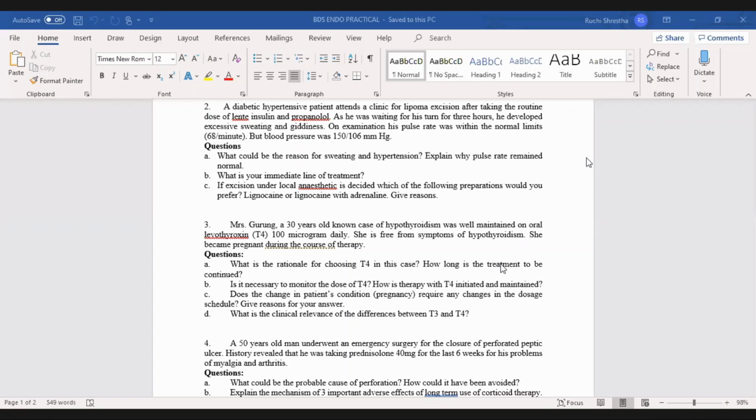I would like this question to be answered by any one of the BDS students. Anyone? So this is the case of hypothyroidism. Yes, ma'am. Okay, please go on.